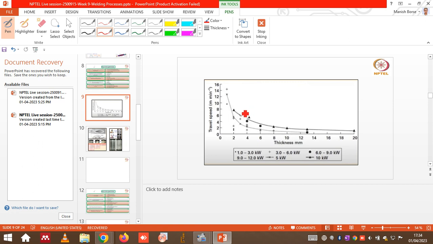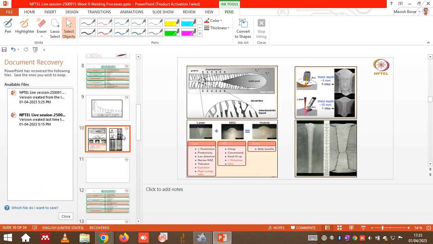Okay, and the only variable in such processes is the travel speed. If we have to weld thicker plates, then the travel speed of the laser beam source will be smaller, so that we can ensure the through thickness penetration.